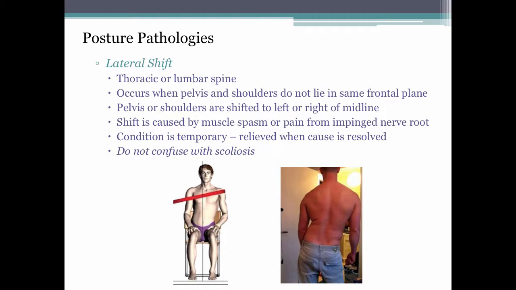Typically it's more the impinged nerve root rather than the muscle spasm. So the pelvis and the shoulder are not lying in the same frontal plane, and they're shifted right or left of midline. This is very correctable, and it's usually corrected fairly quickly, especially with a nerve root impingement type of thing.